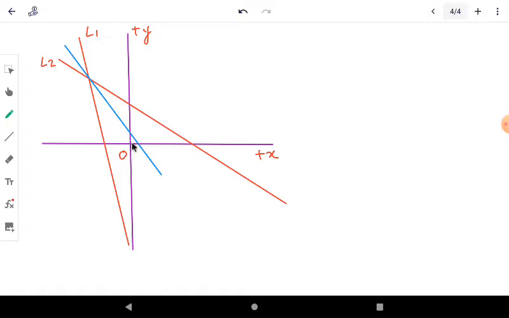So if I drop perpendiculars now from this origin to these two lines, let me draw a perpendicular on line L1, it will be like this, guys. Okay, and then let me draw a perpendicular on this, so it would be somewhat like this, guys.